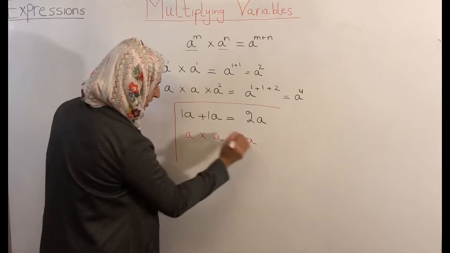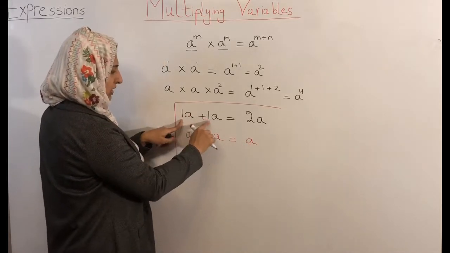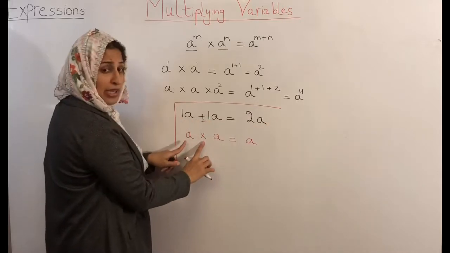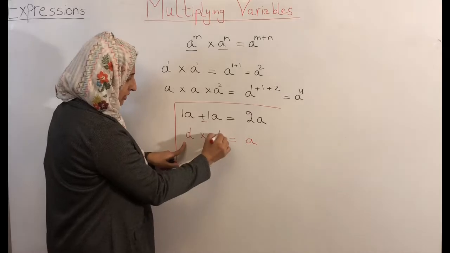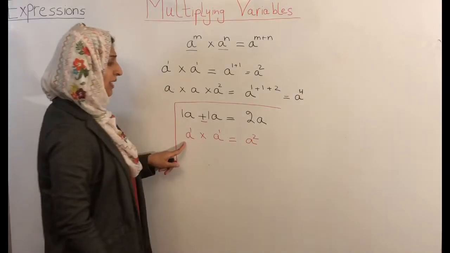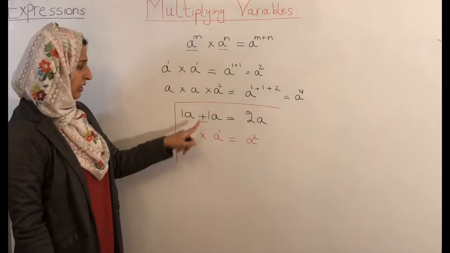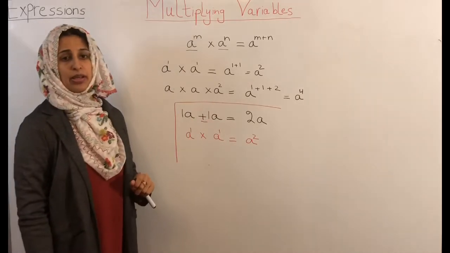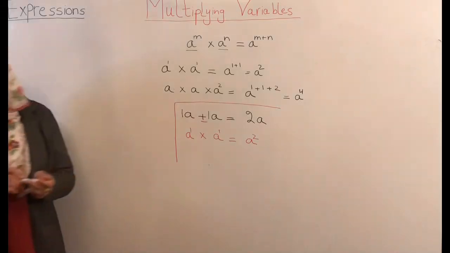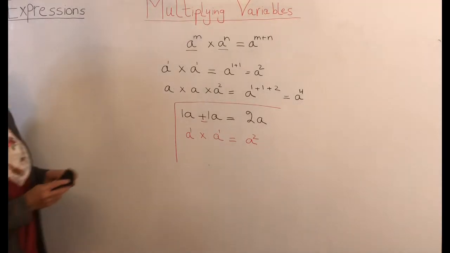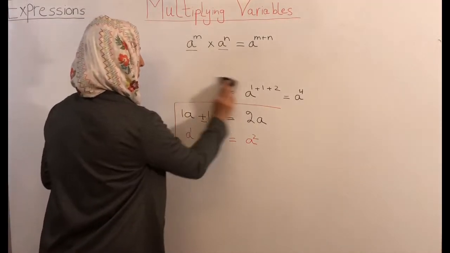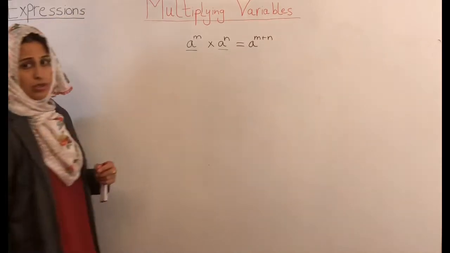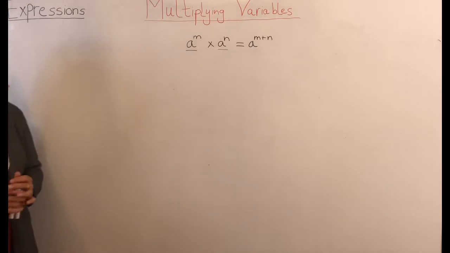In addition, we add their coefficients, but in multiplication, we add their powers. That's the major difference between addition and multiplication when you are simplifying algebraic expressions. I will give you some more examples. When you remember the basic rule, you will never get the answer wrong.